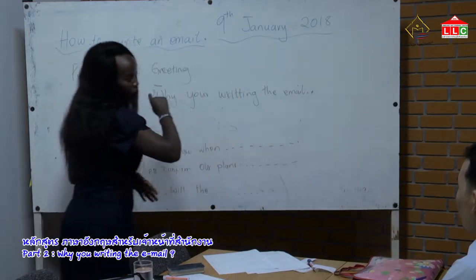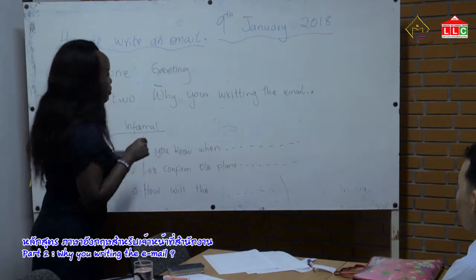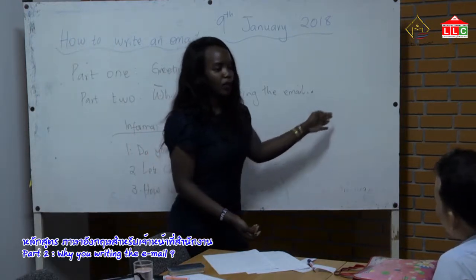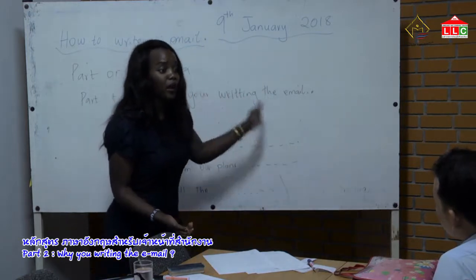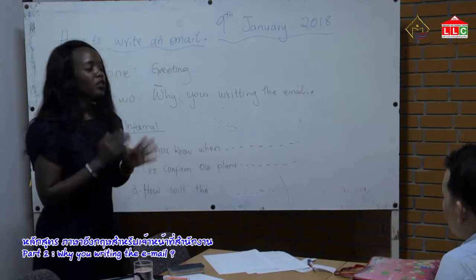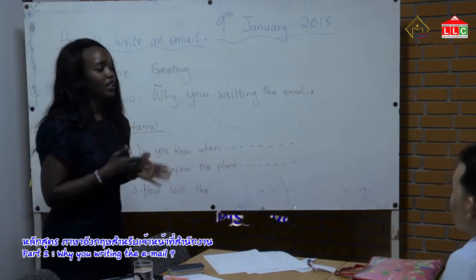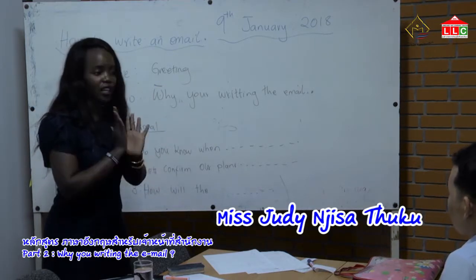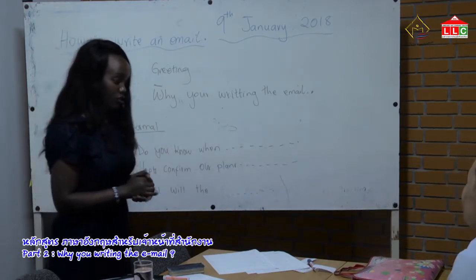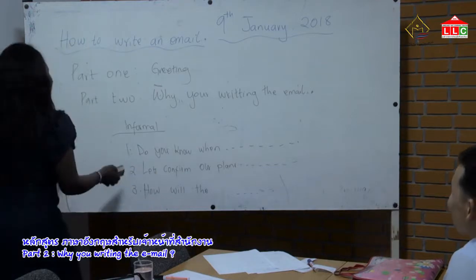Don't write just one sentence, the question only. You can write, do you know when we're going to go to Chiang Mai? I would like to make my plans, or I would like to book my ticket. Because we are friends, you can tell me more. But don't say a lot, because this is an email. Remember, it has to be short and clear. Sure. You understand now? Yeah, I understand. You sure? Sure. Okay, let's continue.